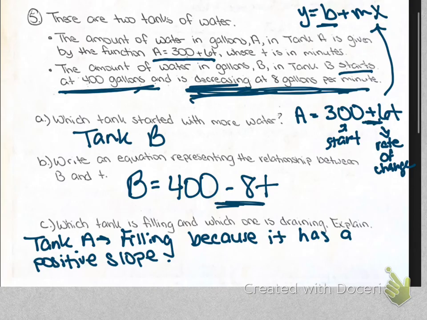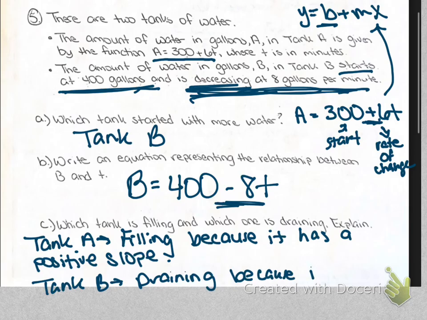Plus, in the statement up here, it tells us it's decreasing. If it's decreasing, it's got a negative slope. So tank B is draining because it has a negative slope. So pay attention to your slopes when you're identifying which one of the tanks is draining and which one is filling.